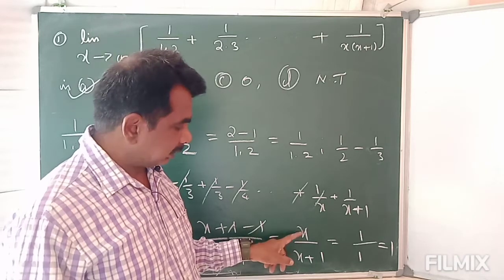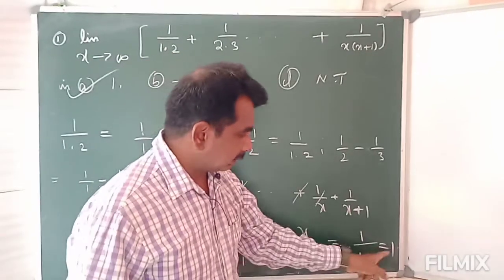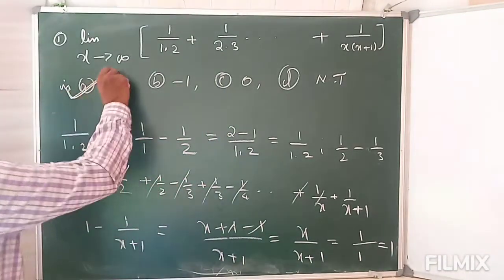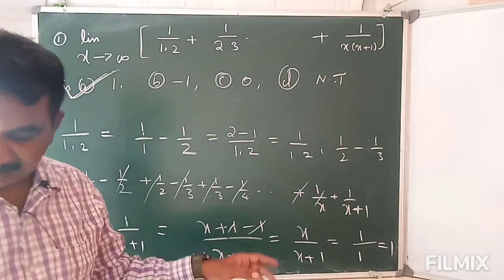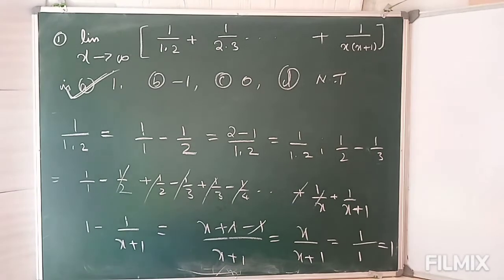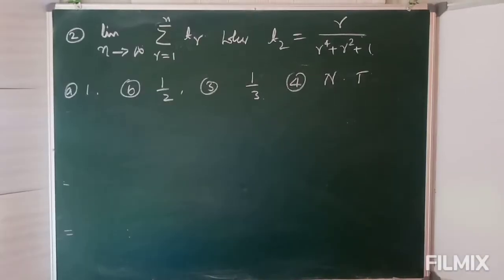How much here? 1. Therefore, 1 by 1, that is 1. This is the answer. Okay? Understand? Write it. These are not arithmetic progression or geometric progression. These are different types of progression. Understand? Okay. Write it.